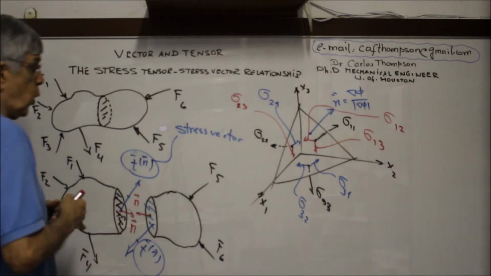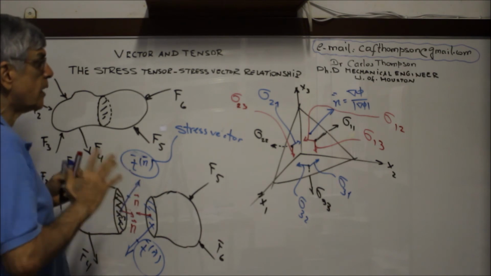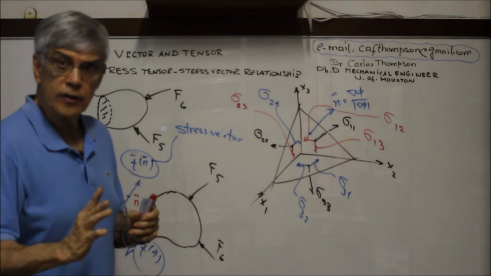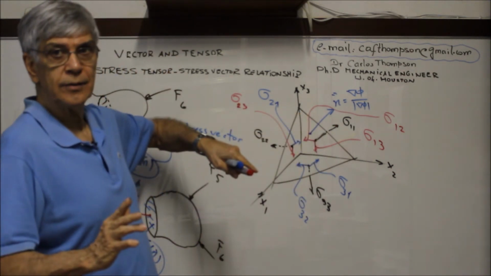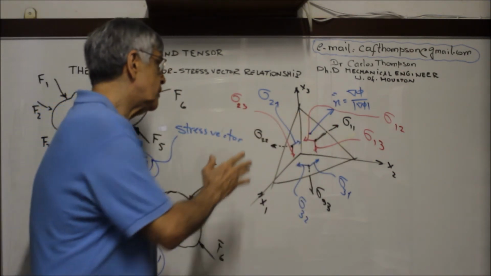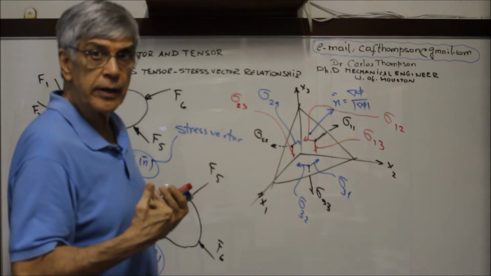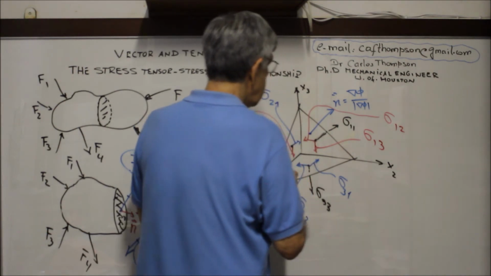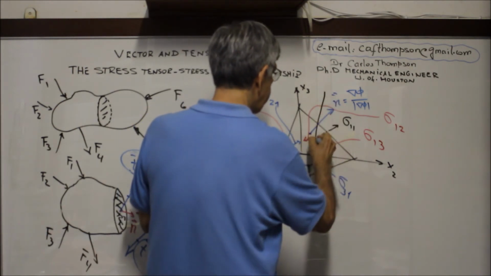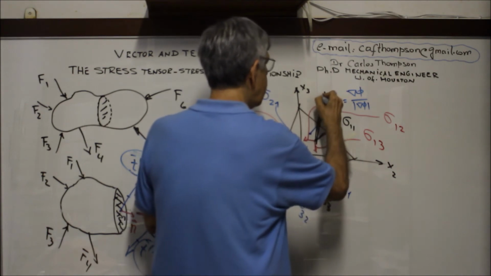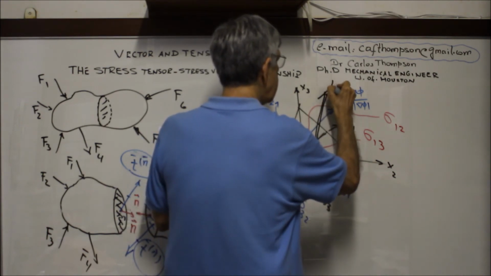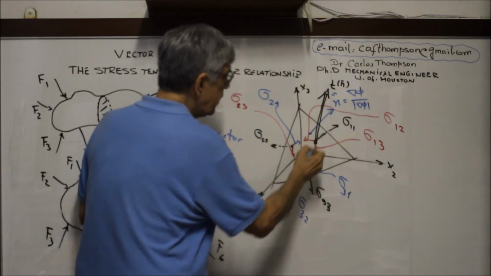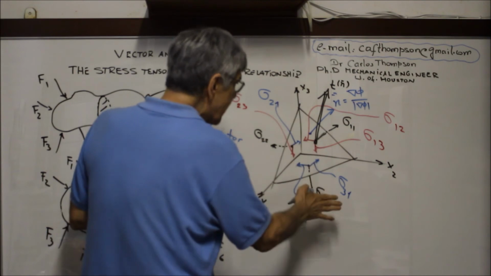Now, we will apply Newton's second law. Newton's second law involves force. These are not forces. This is force divided by area. And this here is T of n, because I just cut it.